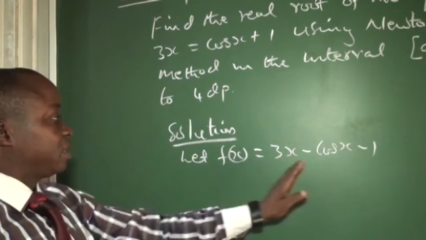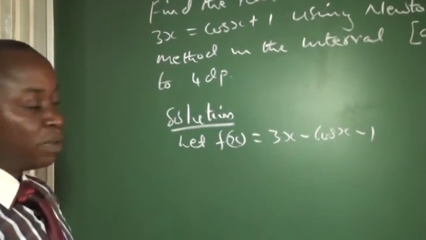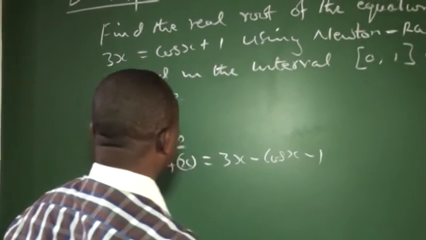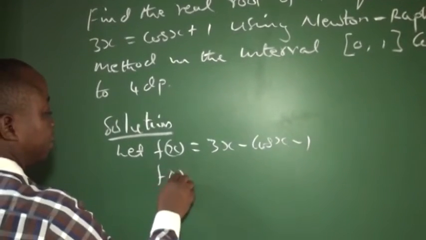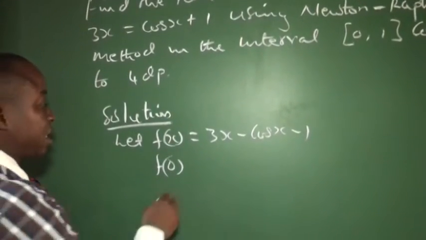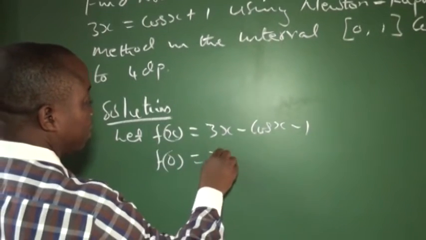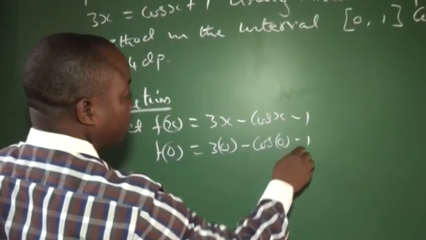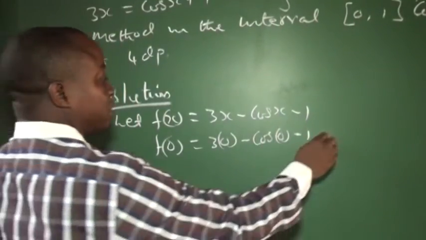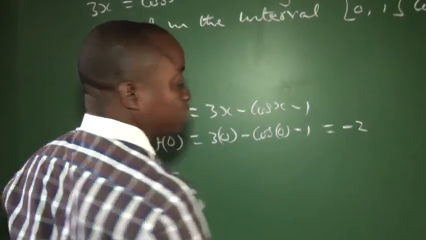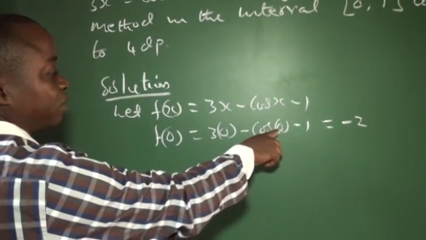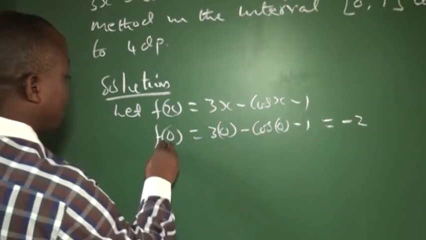So f of x equals 3x minus cos x minus 1. Now, since the interval is between 0 and 1, I will now test whether there is a root. Then f of 0 equals 3 times 0 minus cos 0 minus 1. That will give us minus 2 because cos 0 is 1. So we have minus 1 minus 1, which is minus 2.